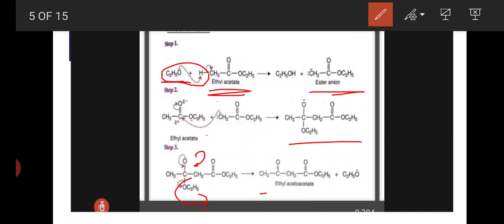Here ethyl acetoacetate is formed. Okay, students, this is the mechanism of the Claisen condensation reaction. What is the Claisen reaction? 2 moles of ethyl acetate react in the presence of sodium ethoxide, lose ethyl alcohol and form ethyl acetoacetate.